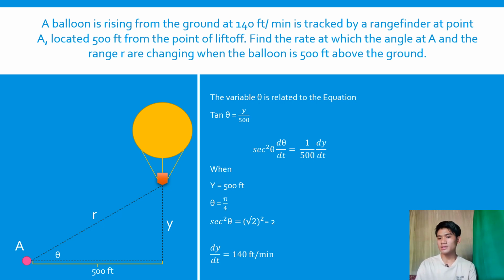So we just simply substitute to find the value of the rate of change of the angle at point A.